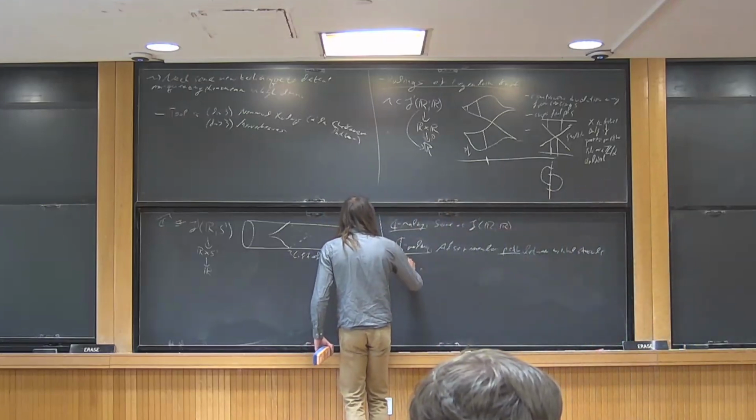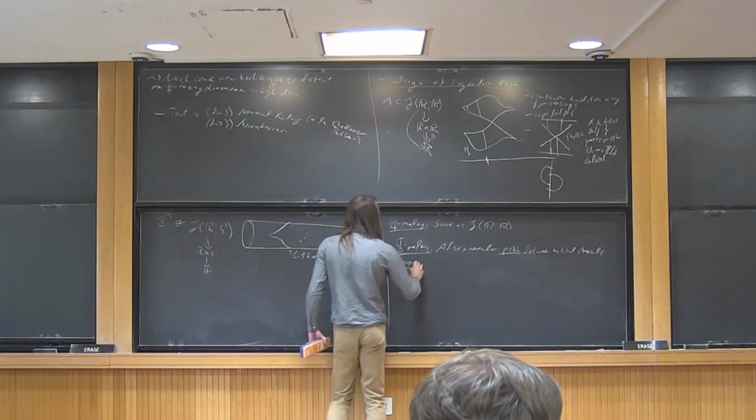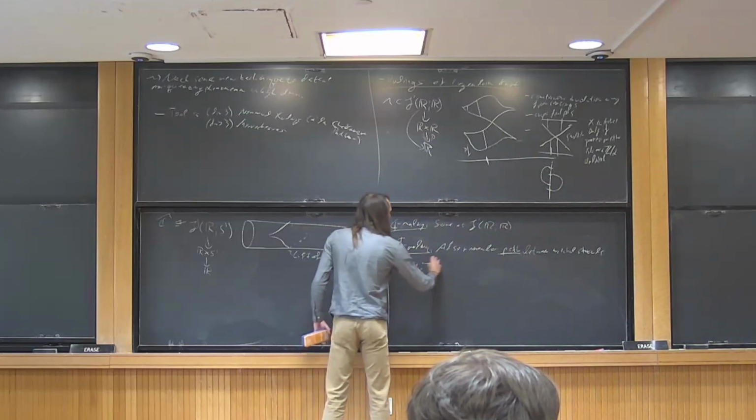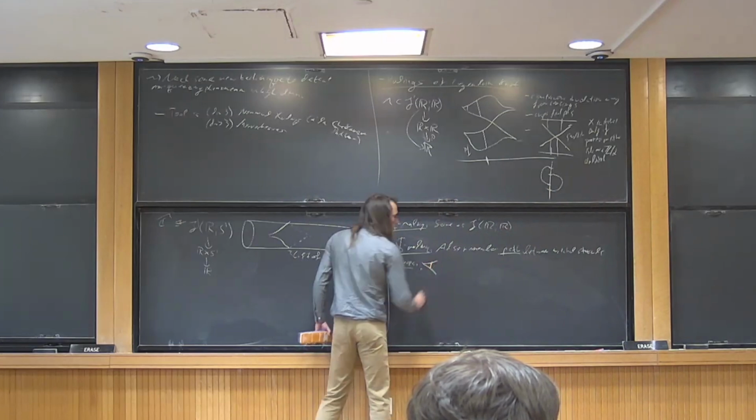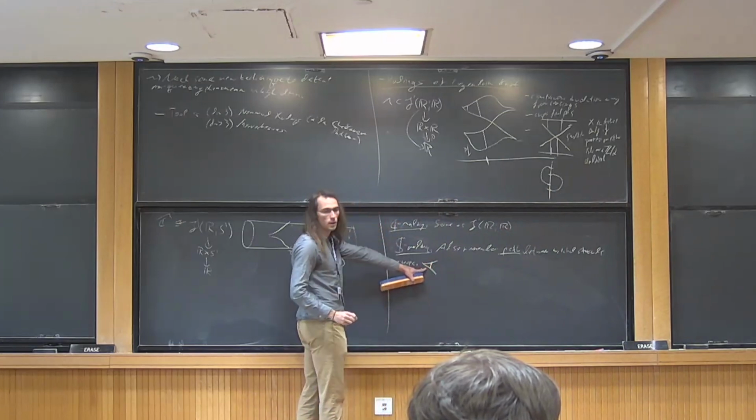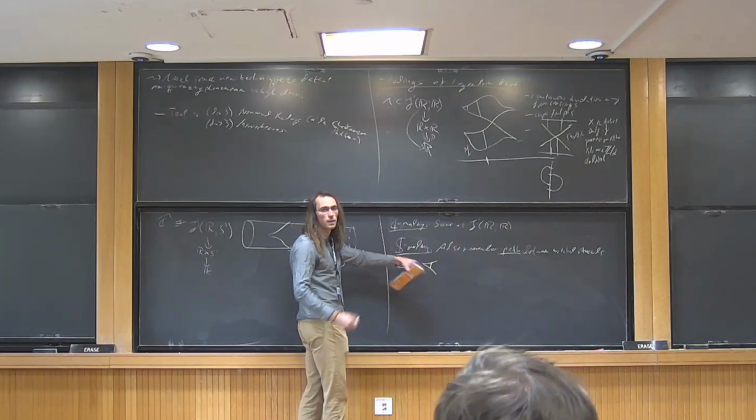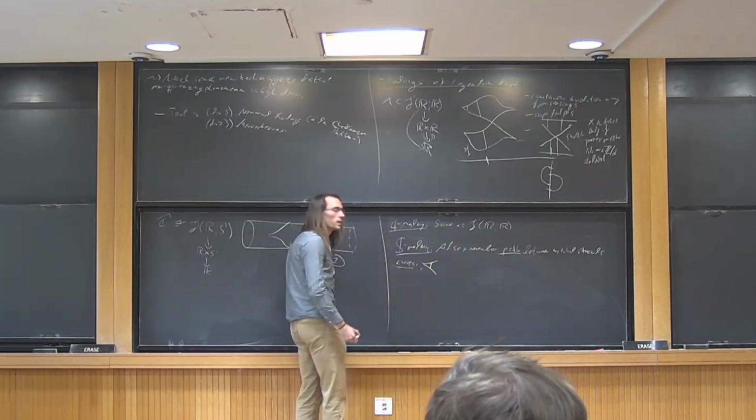So cusps are still the same. Morally, if I have this, the path actually matters now. And at a cusp, I require the path to contract to nothing. I don't want to leave behind an S1 or something.